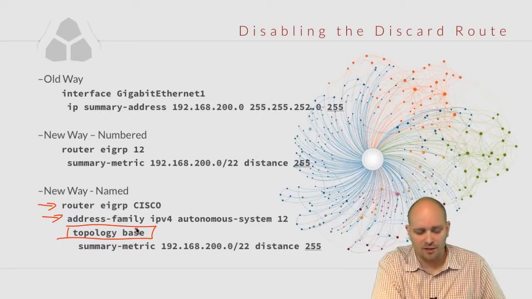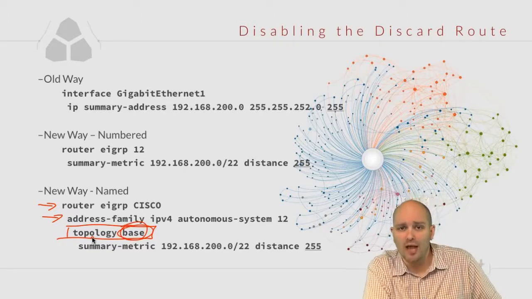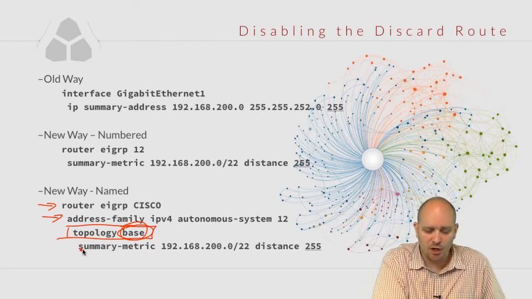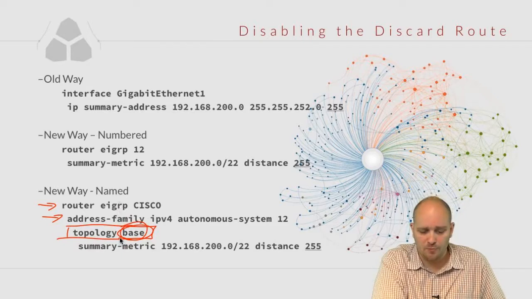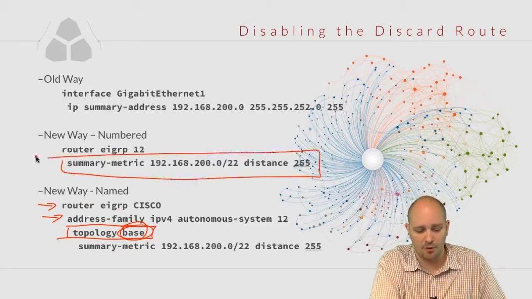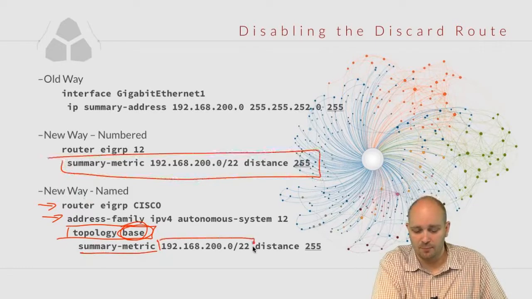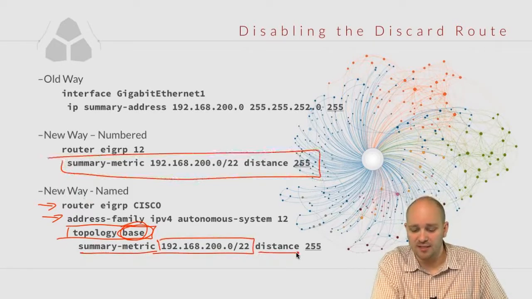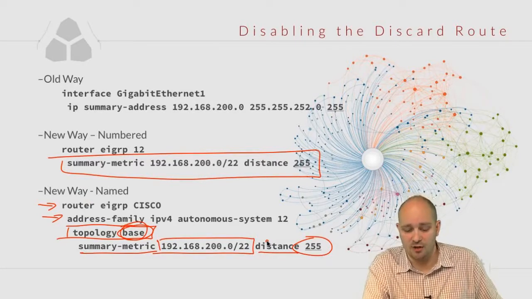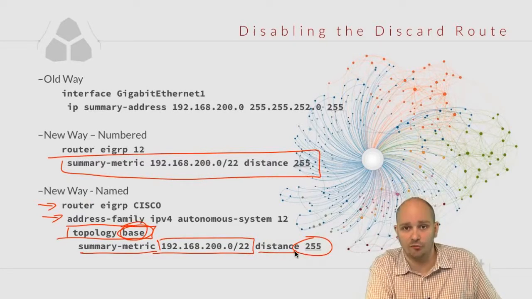Just remember that the topology base is where you are configuring your main routing tables. Under this topology base, you would use the exact same command that you would use in numbered mode: summary-metric, the prefix that you are modifying, and the distance that you are configuring. And if you want to disable your discard route, you would use the distance of 255.